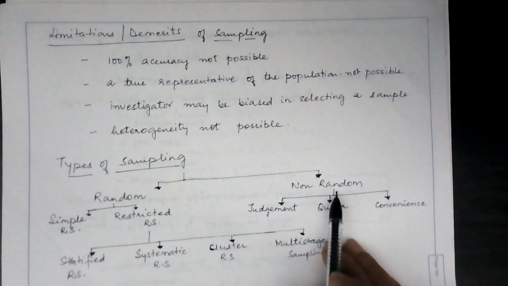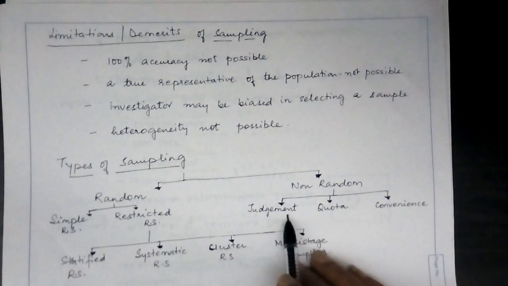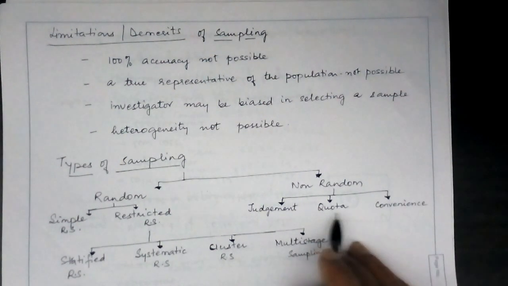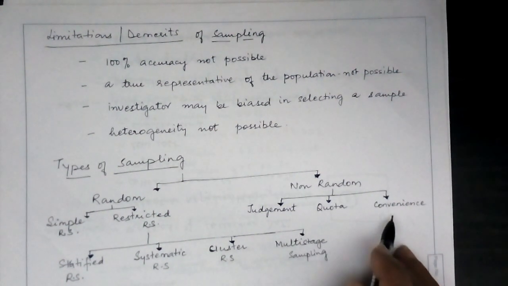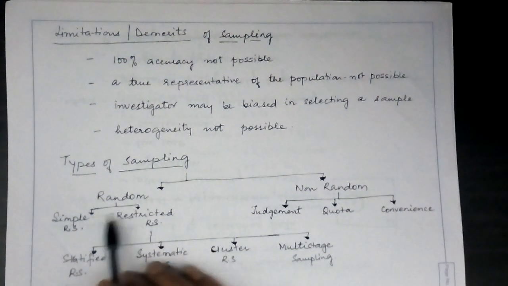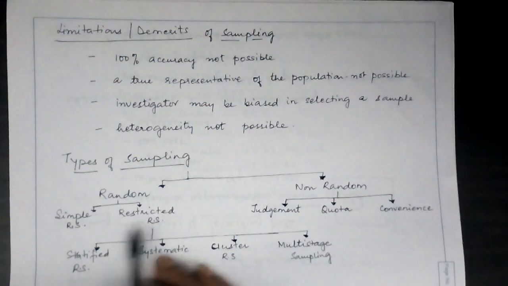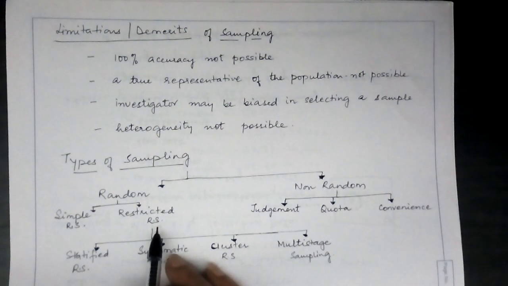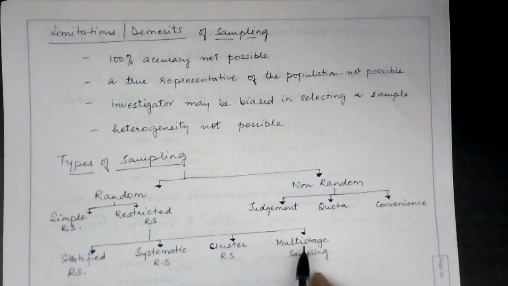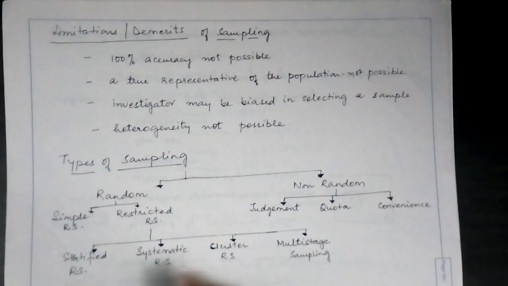The non-random sampling could be judgment sampling, quota sampling or convenience sampling. The random sampling consists of simple random sampling or restricted random sampling. The restricted random sampling is further divided into many methods.